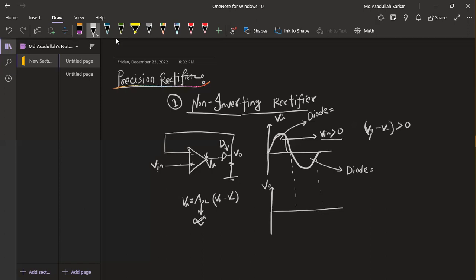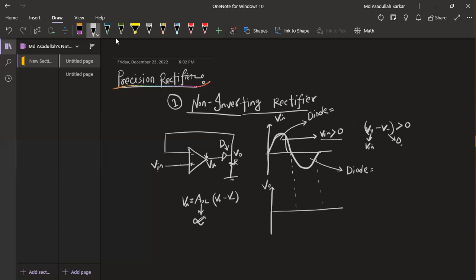Why? Because V plus is V input and V minus is 0. Why 0? The inverting input is directly connected to ground through a resistance R, so initially there is no voltage and V minus will be 0. That's why the voltage difference is greater than 0.